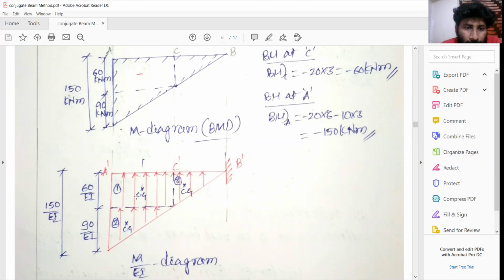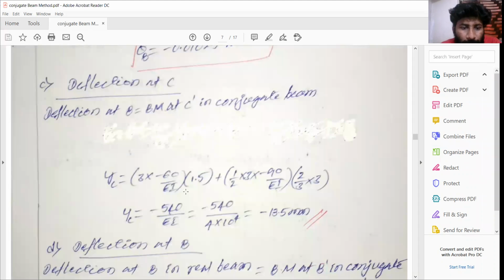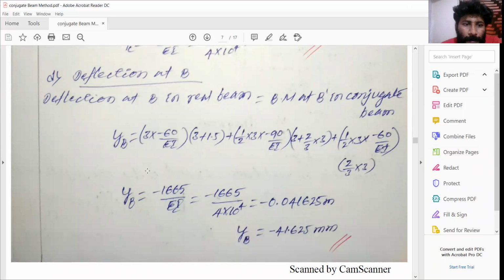Take the bending moment of each area about this section B, and that will be your deflection. You can check it: first area into centroid distance to B, second area into centroid distance to B, third area into the distance between its centroid and the section B. That will be the deflection in the real beam.